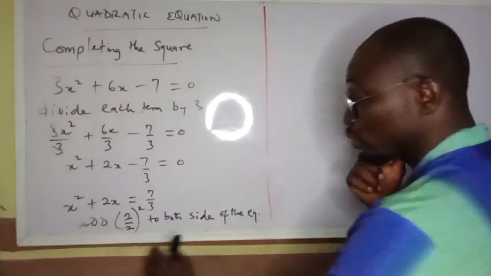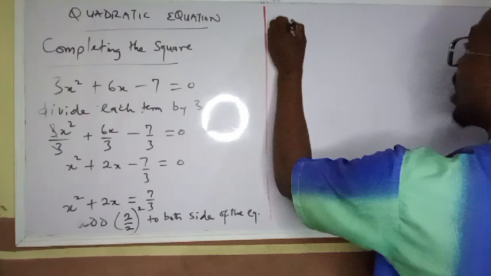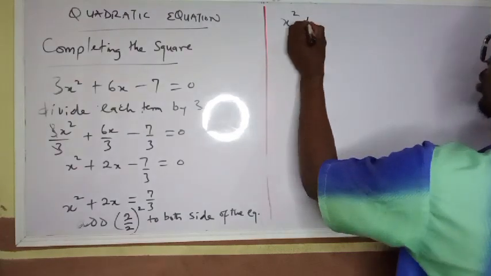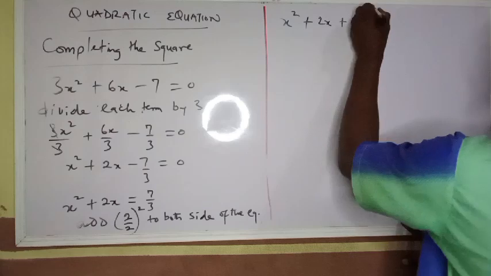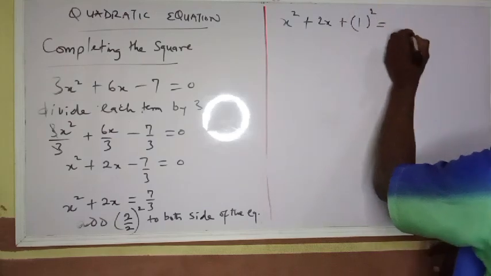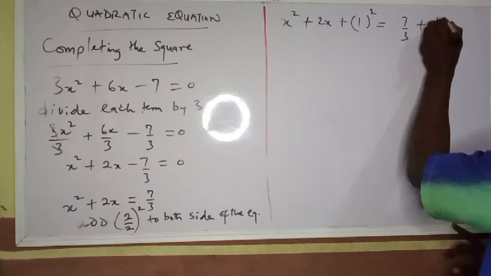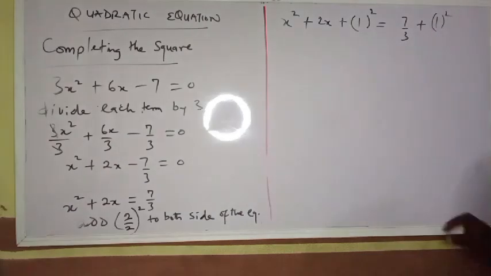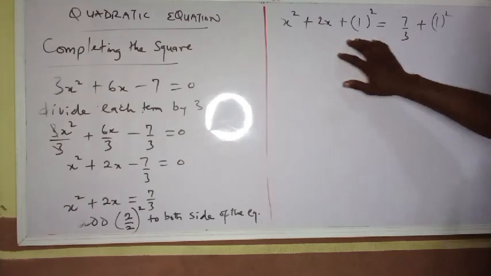So 2 divided by 2 is 1. So we're adding 1 squared to both sides of the equation. We have x squared plus 2x plus 1 squared is equal to 7 over 3 plus 1. Now we will factorize this expression.